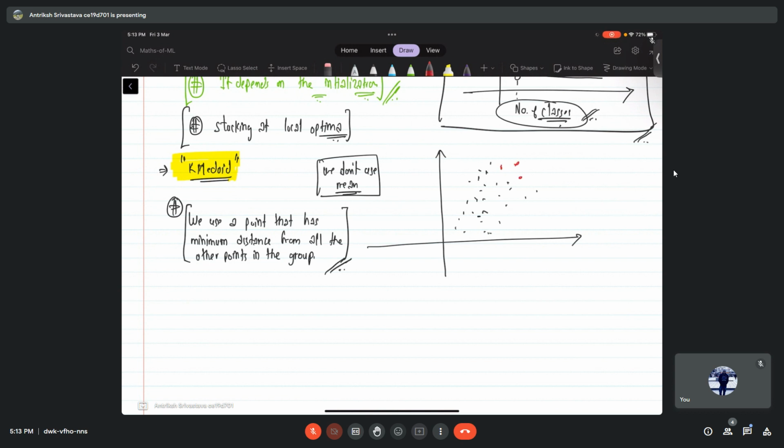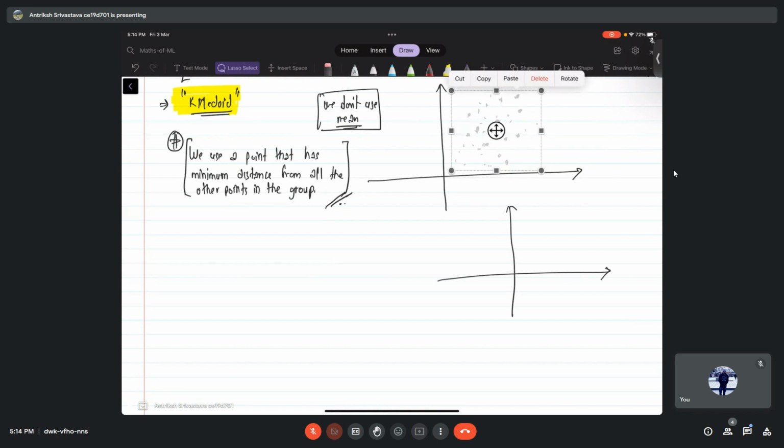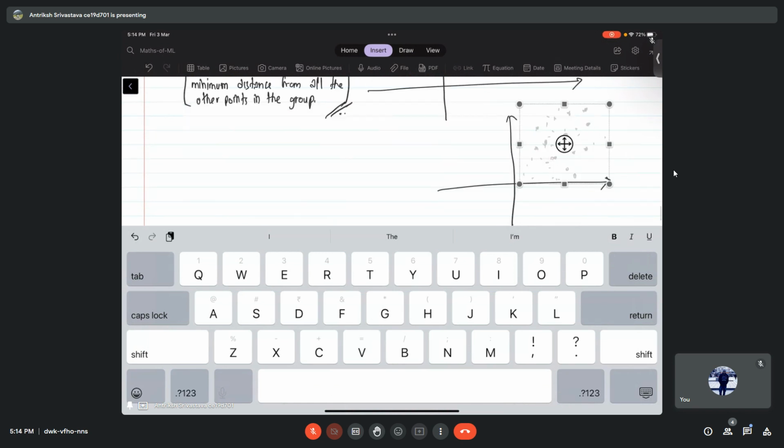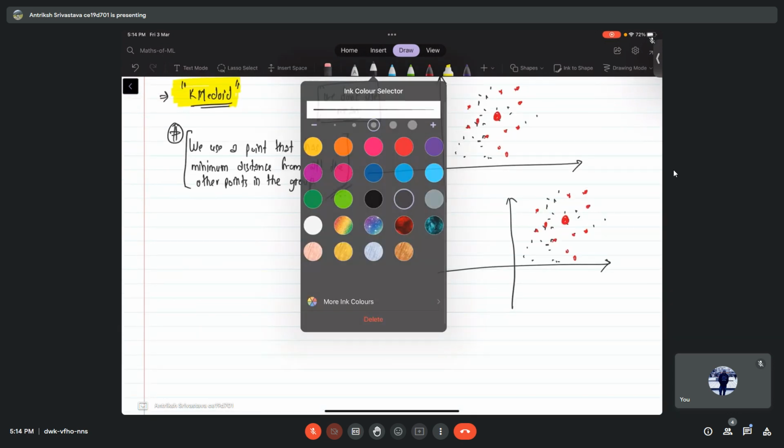The red group had these points, and this is the point in the middle which has the minimum distance out of all of them. Now we perform the iteration again, and in the second iteration the red group is not actually this, but we make this black.